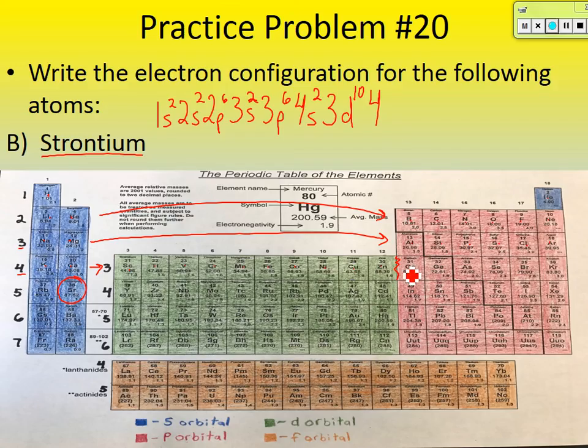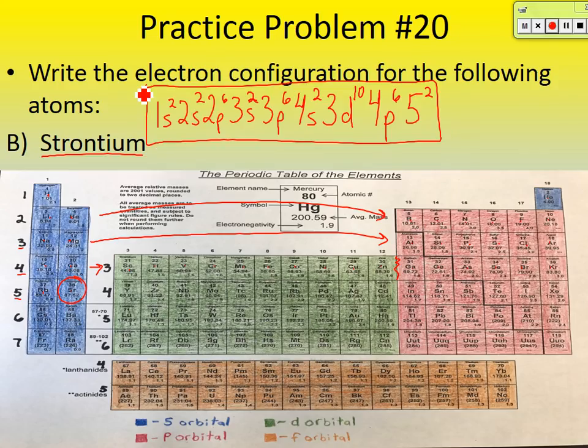So when we go here, we're going to fourth energy level, p orbitals, and 1, 2, 3, 4, 5, 6 electrons can fit there. Now we're done with the fourth row. Let's go to the fifth. Fifth energy level, 1, 2 electrons can fit there. Okay, so that's all the way up to strontium.